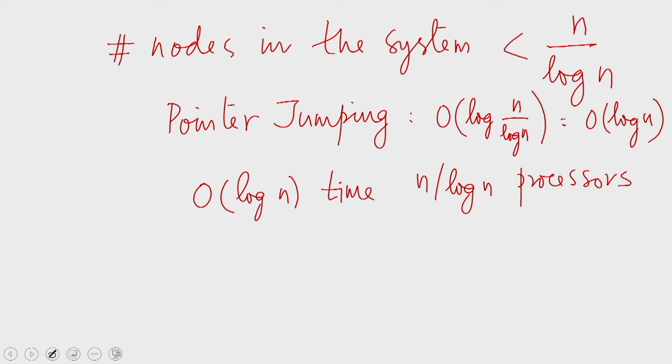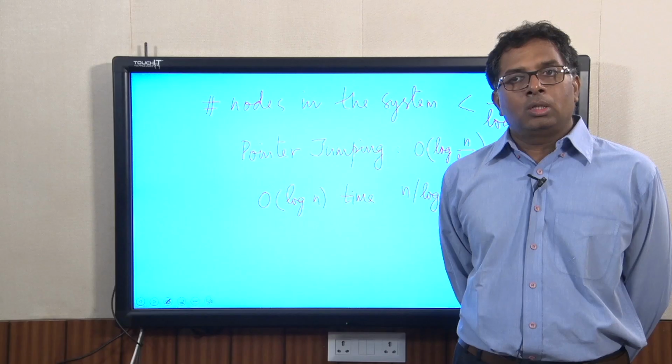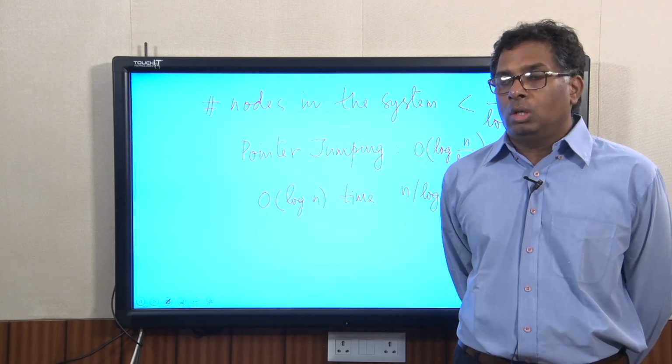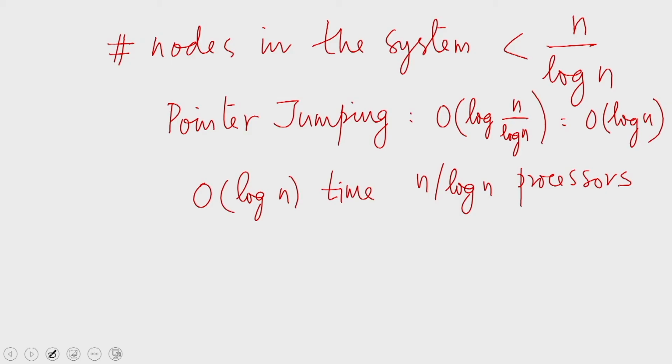So, once again, to do a recap, the algorithm involves removing a series of independent sets from the list. The number of such independent sets to be removed is order of log n, 5 log n at the most as we have shown. Once all these independent sets have been removed, the size of the list will be at most n by log n.